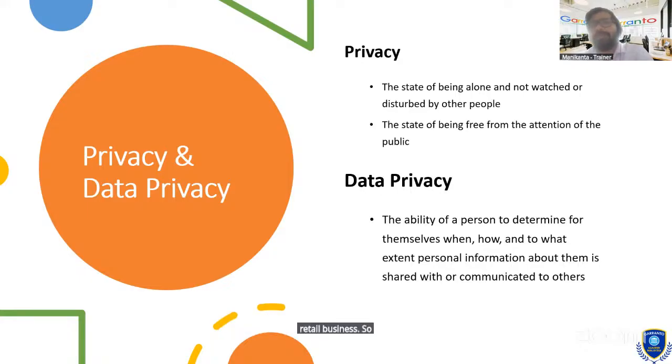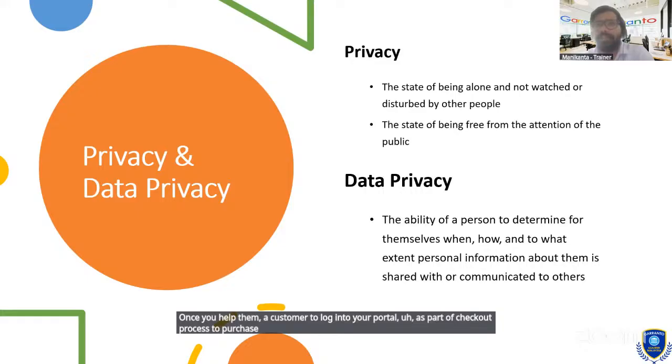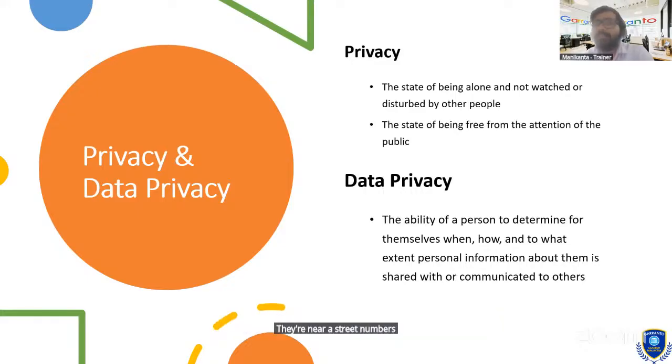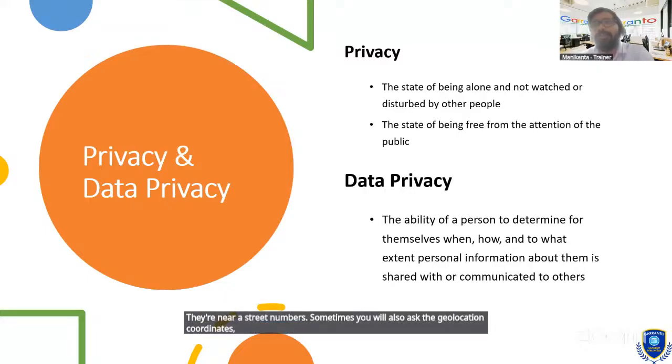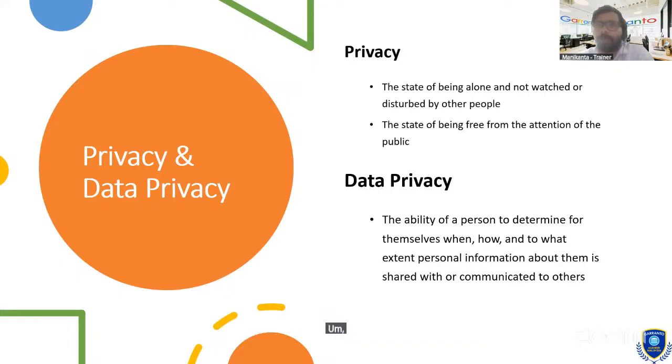As part of the retail business, you help a customer log into your company portal for the checkout process to purchase a product. You will collect their mobile number, their address, their nearest street numbers. Sometimes you will also ask for geolocation coordinates, latitude or longitude, and a right time to contact them. So they collect this information.